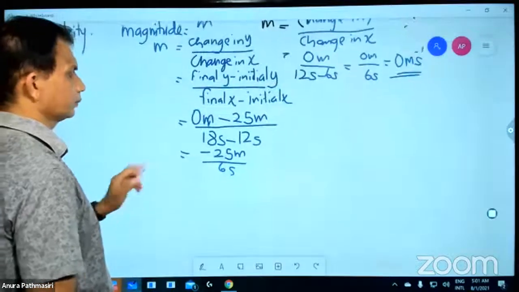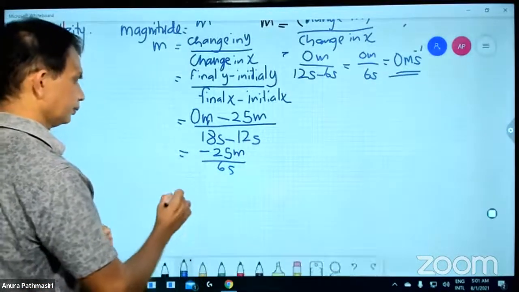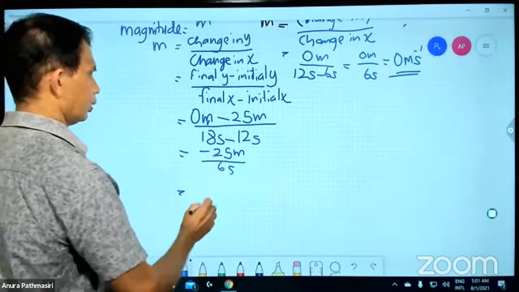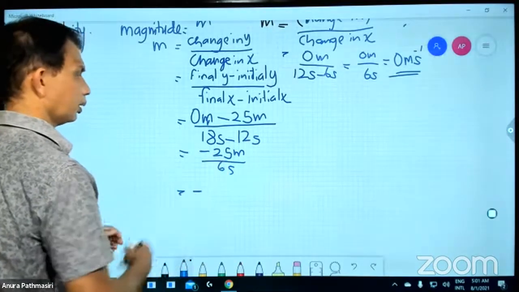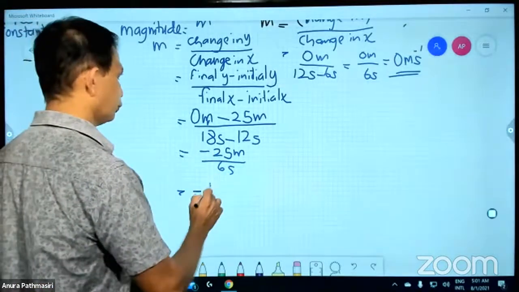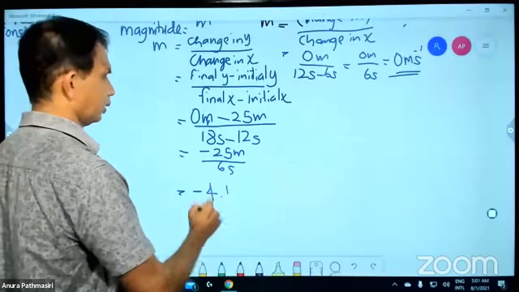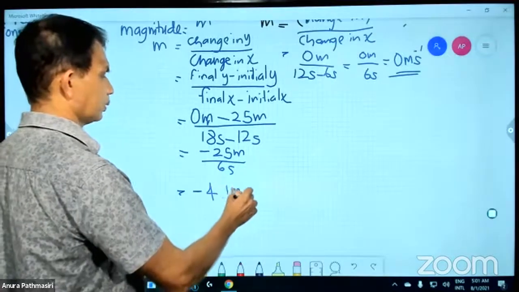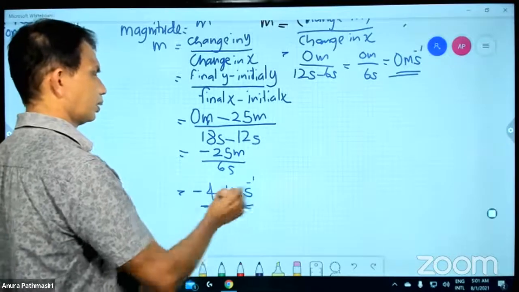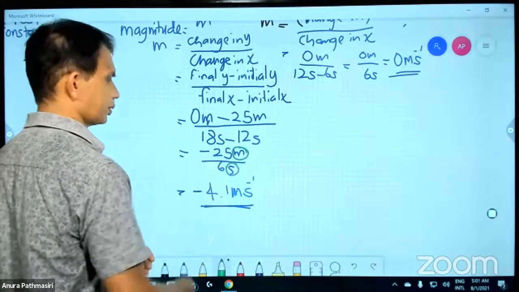What's the answer? It takes the negative value, 4.1 meters per second.